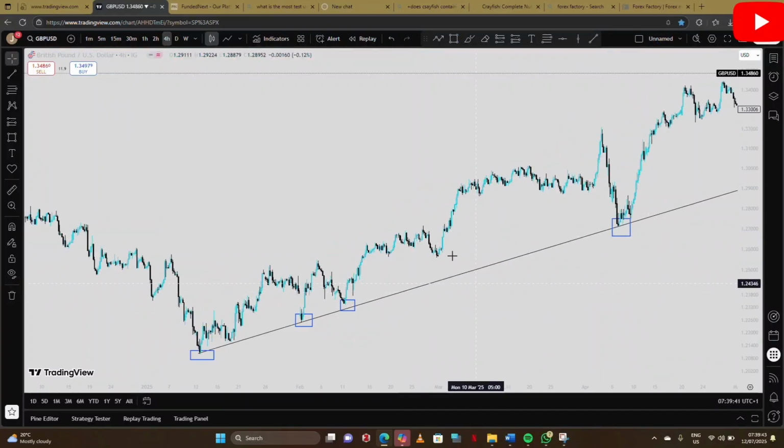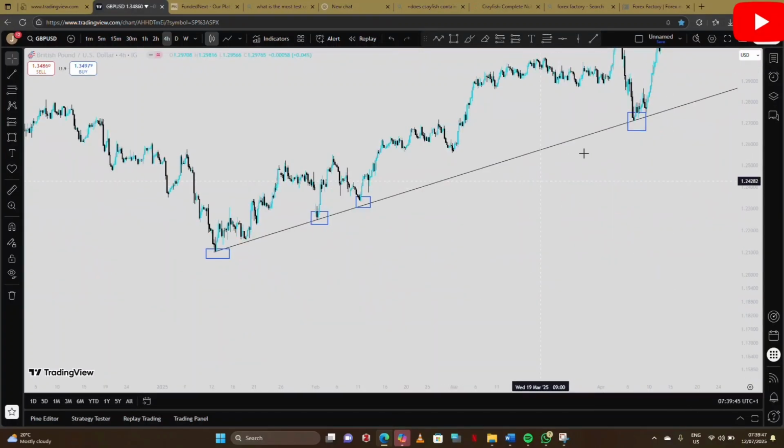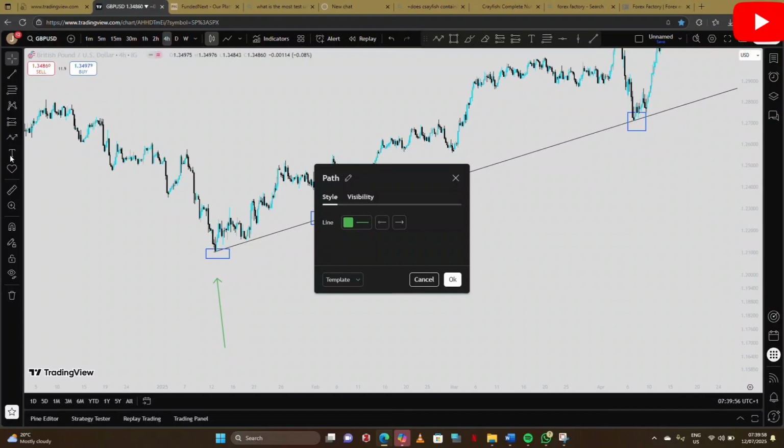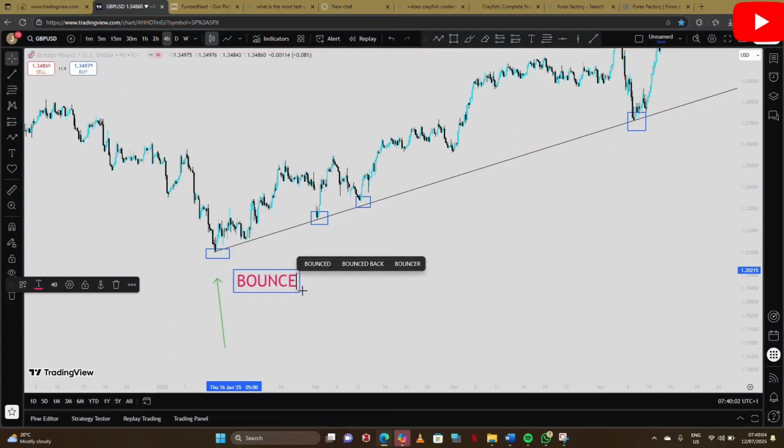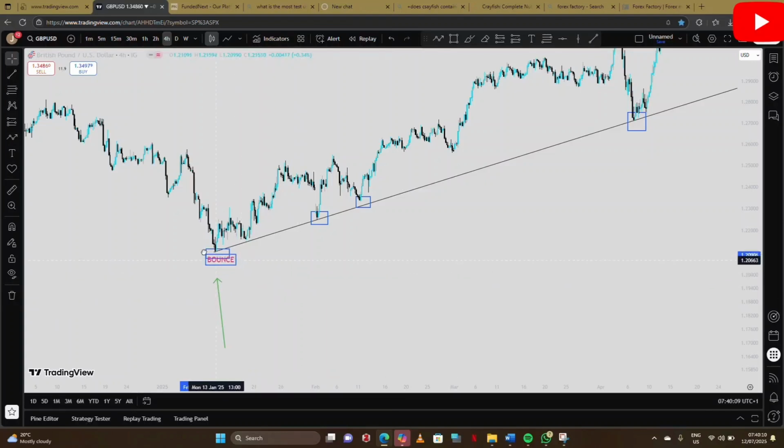So what are we saying for trend lines? When we are using a trend line as a strategy, we are saying that at this point, we had a bounce. Let me reduce the font size, something smaller. Okay, at this point, we had a bounce here.